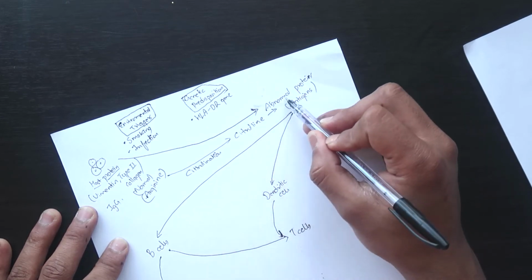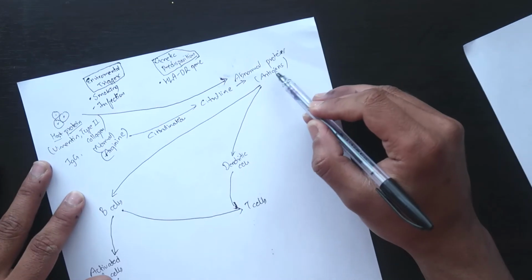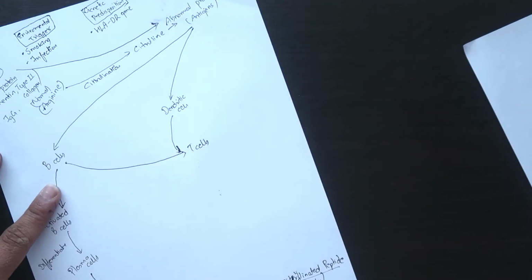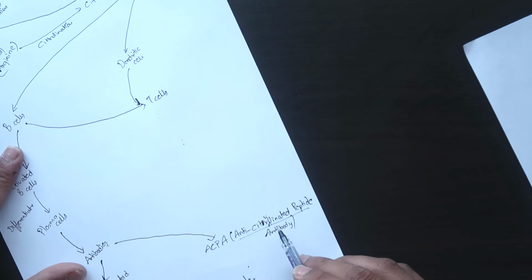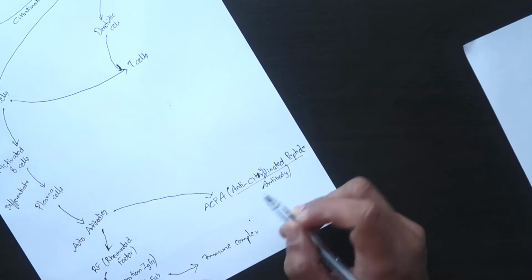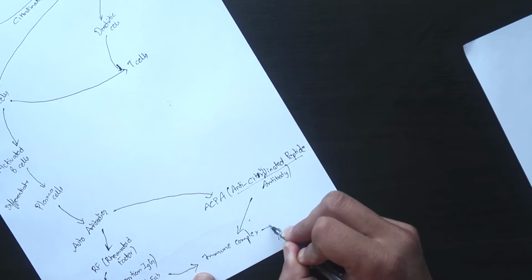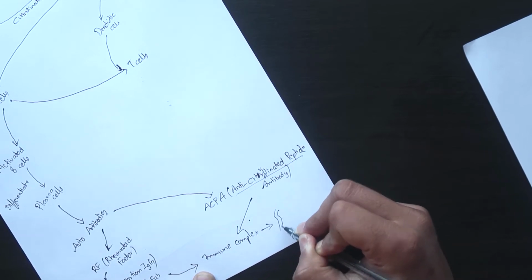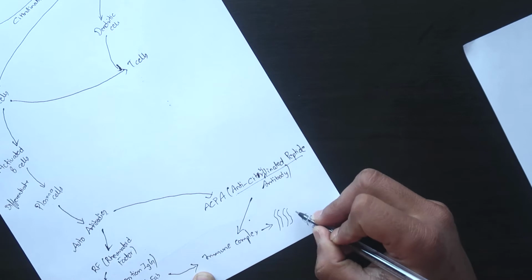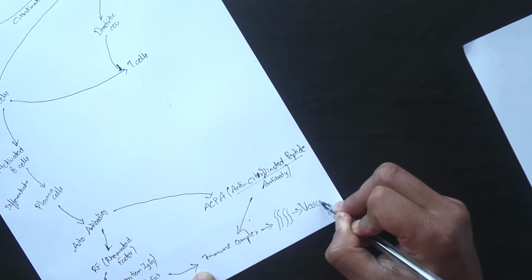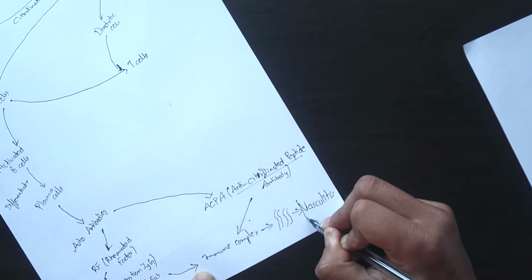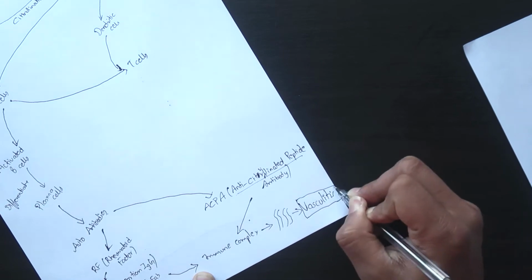So these proteins are now attacked by anti-citrullinated peptide antibody, and these will also form immune complexes. These immune complexes can deposit in the blood vessels and cause vasculitis. Okay, so this is one thing.